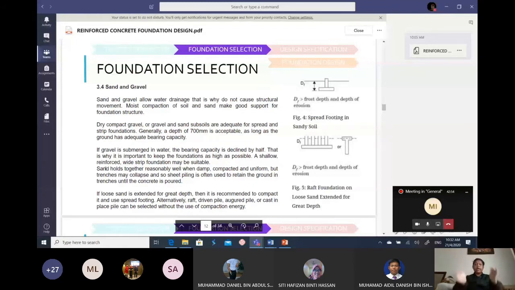A trench is like a small drain. In order to avoid the trench from collapsing, we have to do a sheet pile. Sheet pile is actually a steel pile. So it becomes like a retaining wall, a retaining structure for the soil so that the soil will not collapse.